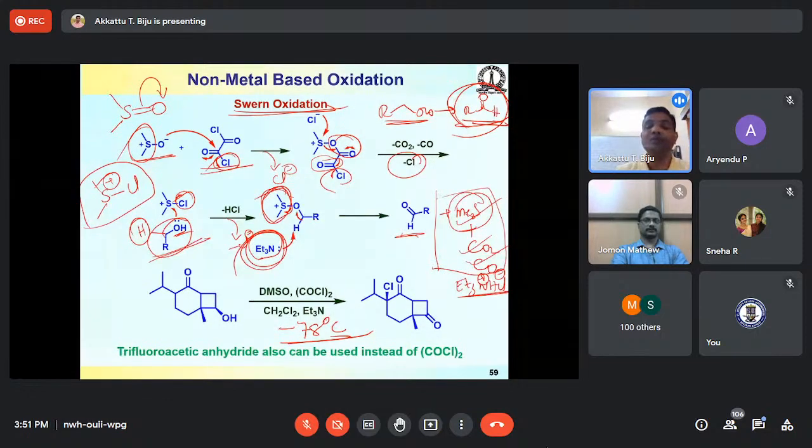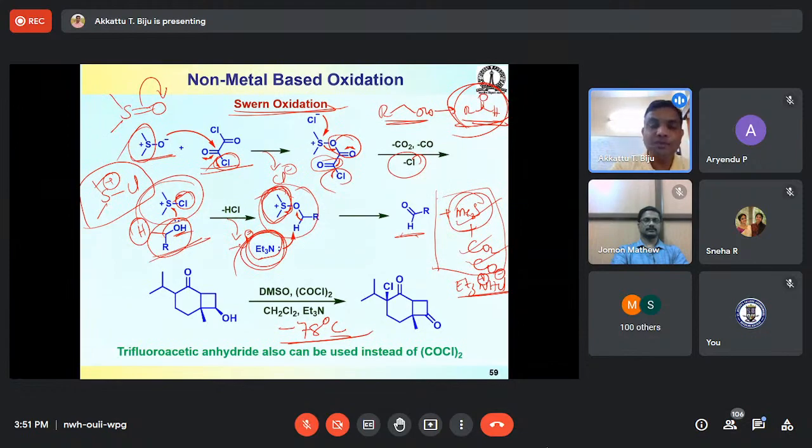Otherwise, if you perform the reaction at room temperature, what can happen is, say for example, this is a key intermediate formed as a result of the addition of the alcohol to the electrophilic sulfonium salt reagent.